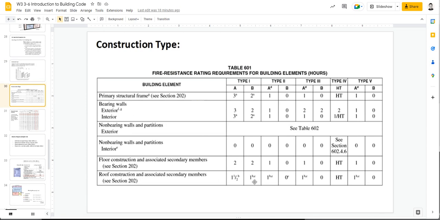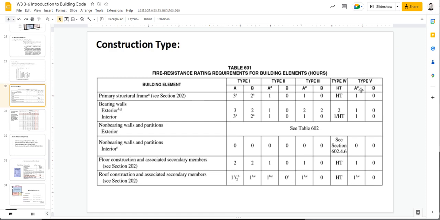There's a table that talks about all these types, and here is something called the fire resistance rating requirement for building elements in terms of hours. The primary structure that you're building is made out of wood, which is type 5.